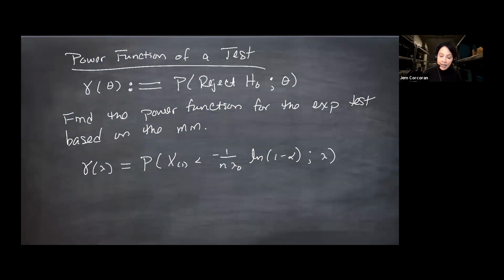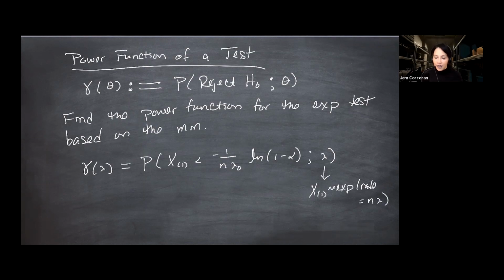If the parameter is lambda, then the x's come from an exponential distribution with rate lambda, and that tells me that the minimum has an exponential distribution with rate n lambda. There's my rejection rule, right?